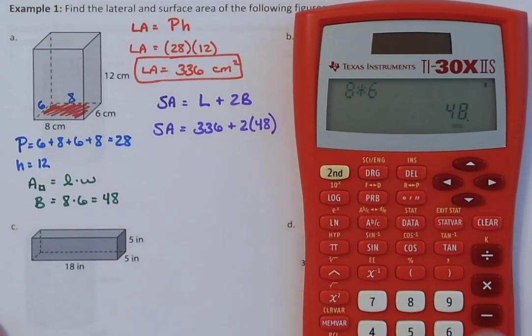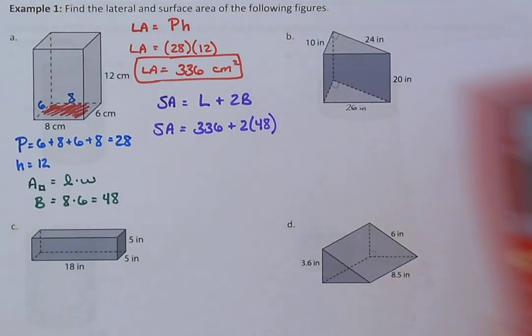All right, so if we calculate this out, 336 plus 2 times 48, we get 432 for our surface area.